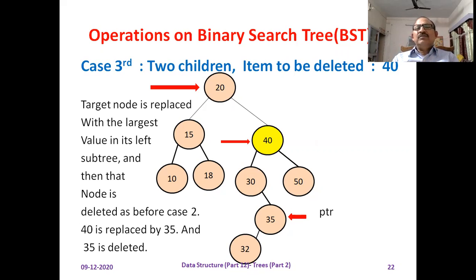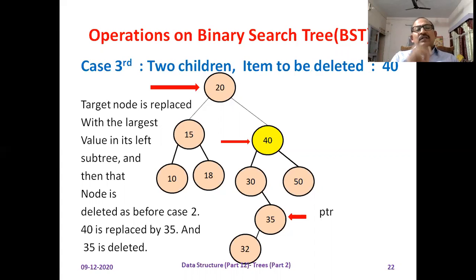Tree right now points to the 40. Here we can see that tree data 40 is equal to the item to be deleted, 40. Okay. And here you can see the item which we want to delete has two children, 30 and 50. What will we do in this case?